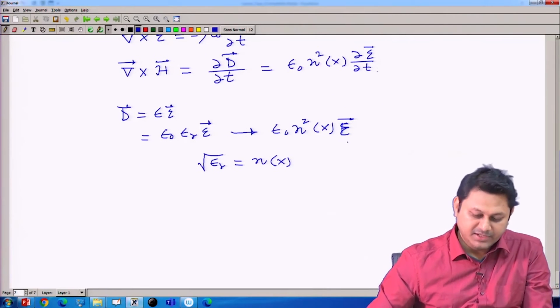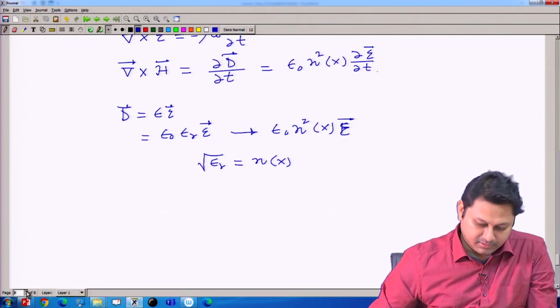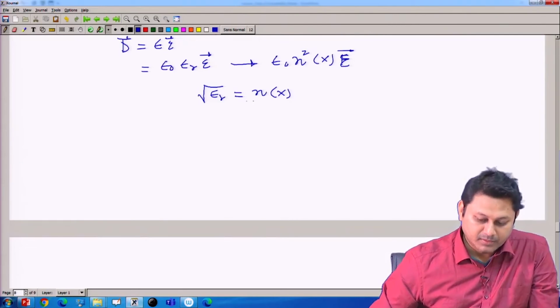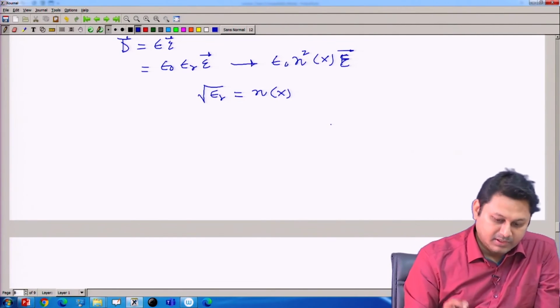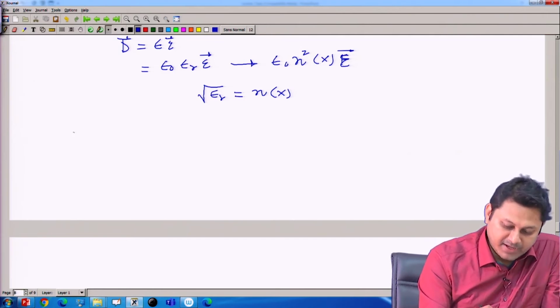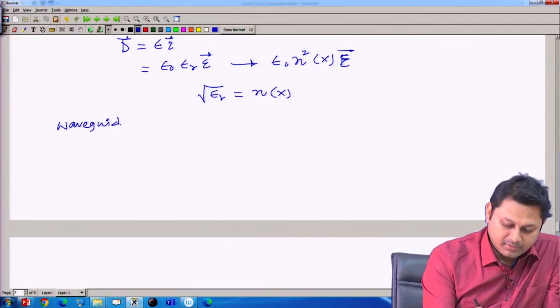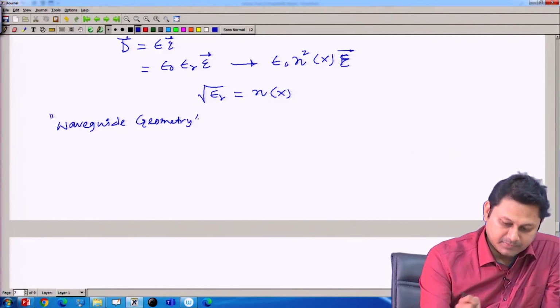So, as I mentioned, the value n is a function of x. So, the waveguide geometry I need to define for which this condition is valid. So, my waveguide geometry is something like this.